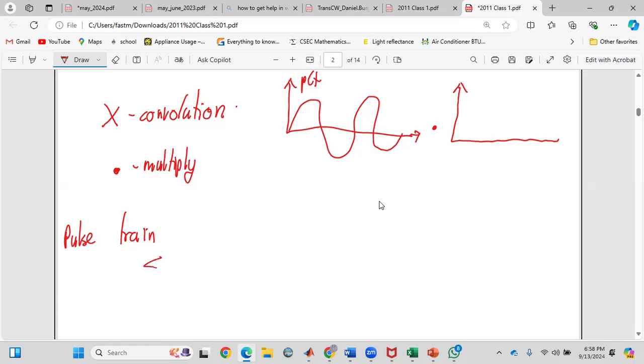The equation for it is the sum from n equals minus infinity to infinity of delta of t minus nT. That is the symbolic representation of it, but how it looks is more important, right? It will just look like a train of pulses.